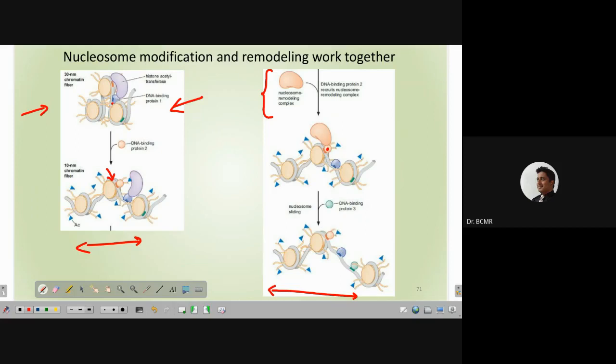And usually, when it is open, it facilitates expression, right? When you want gene expression to happen, we want the DNA as open as possible. When we don't need that expression, it is better to stay in a very closed or compact format, like shown in here.